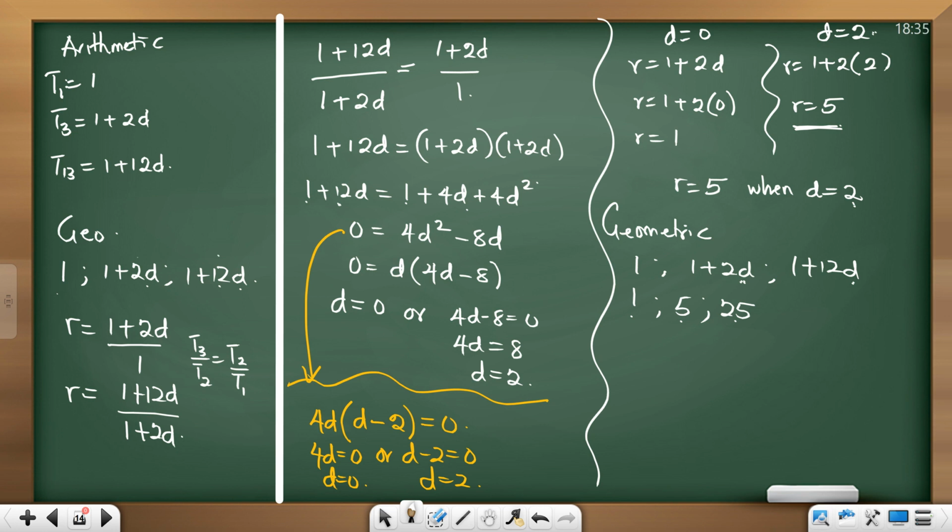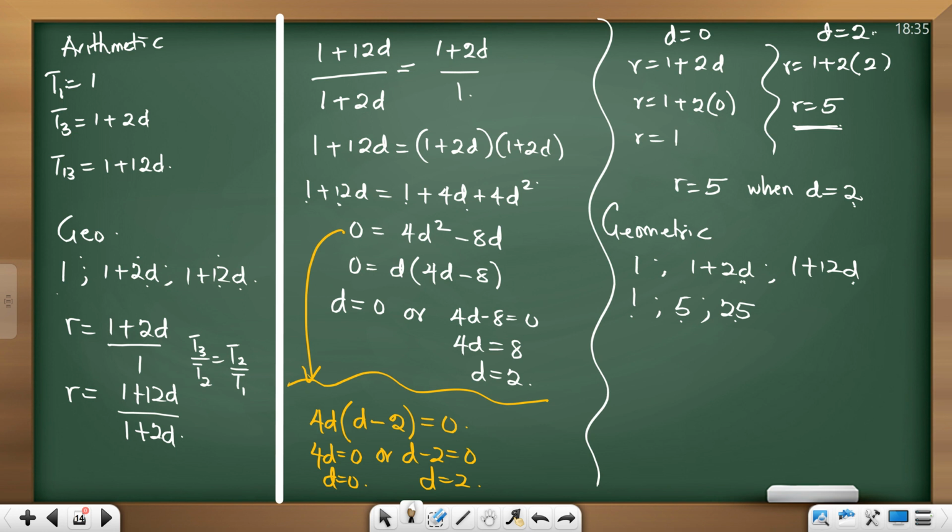Do I know my T2? Do I know my T2 on the right-hand side? Do I know my T1? The rest is all known. What do we do? Cross multiply. As long as you don't multiply the first and last, the rest you are okay. We got our D, right?